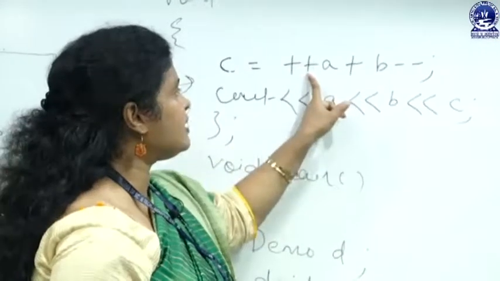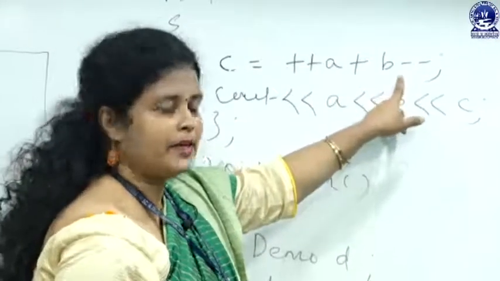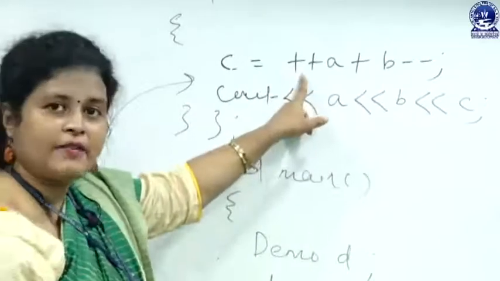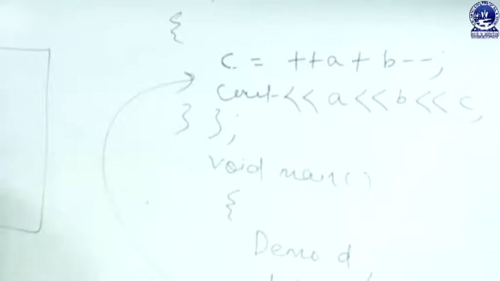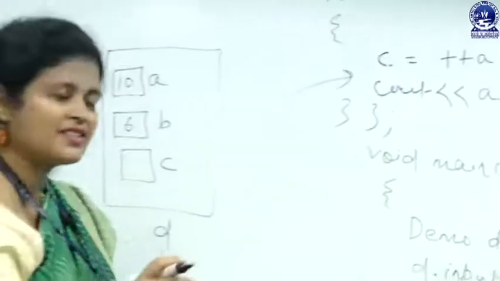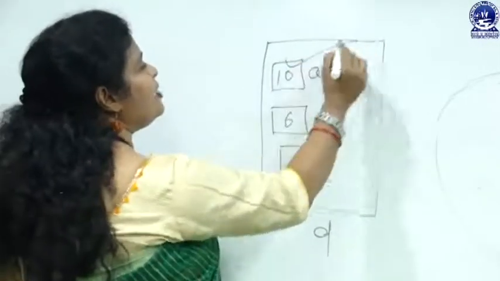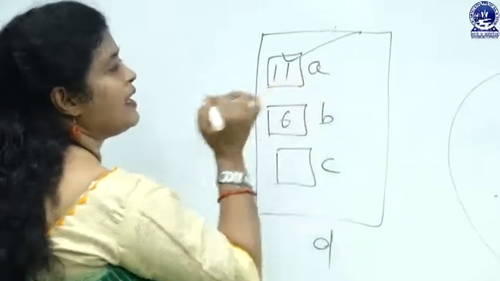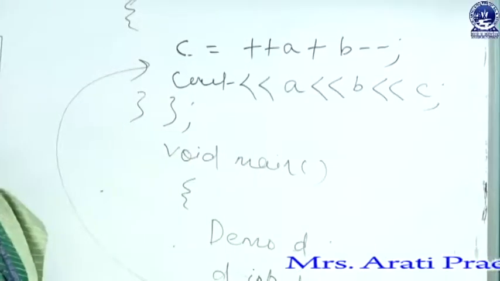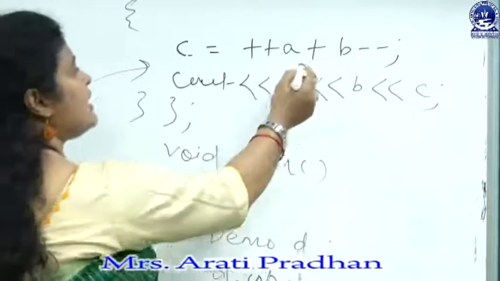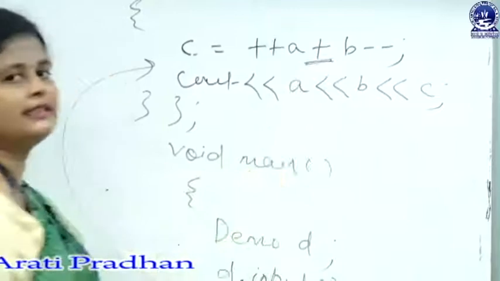It has an increment operator and a decrement operator, but this one is prefix and this one is postfix, and anything which is prefix will be performed first. So the value will be changed and a will be 11, and as the other is postfix, it will be executed later. Then the next operation which will be executed is plus.